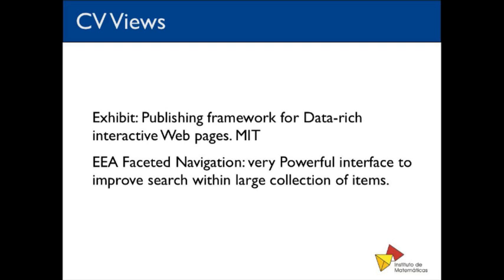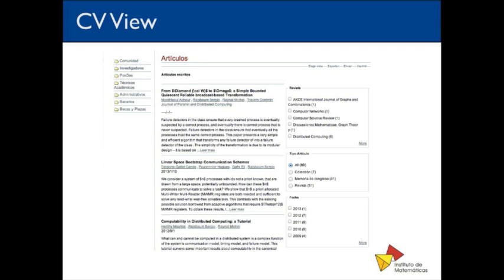And then we moved to facet navigation, which is more flexible than Exhibit, and developed custom views for every content type that we had. So we end up with something like this. We have a folder for the articles of some researcher, and we can browse easily by magazine, or by whether the article was published as part of a collection in a magazine or a proceeding.